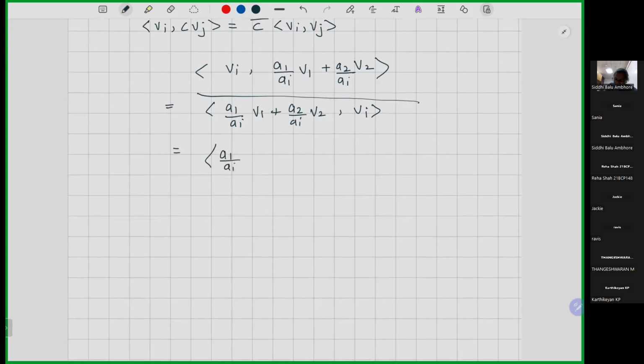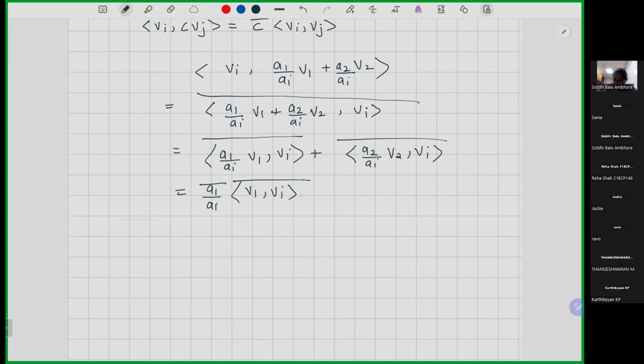Then it will be Vi comma A1 upon Ai V1 plus Vi comma A2 upon Ai V2. Conjugation splits over addition. When we take the common factor, it will be the conjugate of A1 upon Ai into Vi comma V1 plus the conjugate of A2 upon Ai into Vi comma V2.